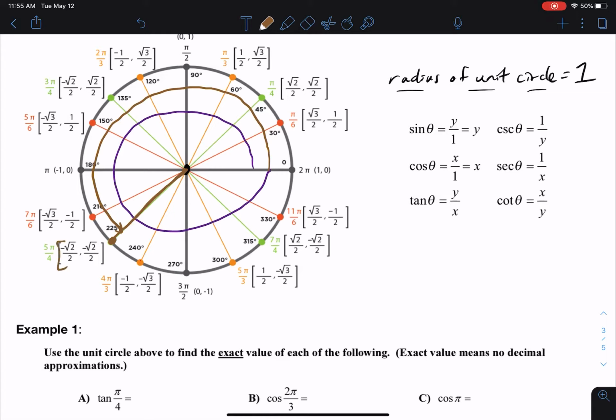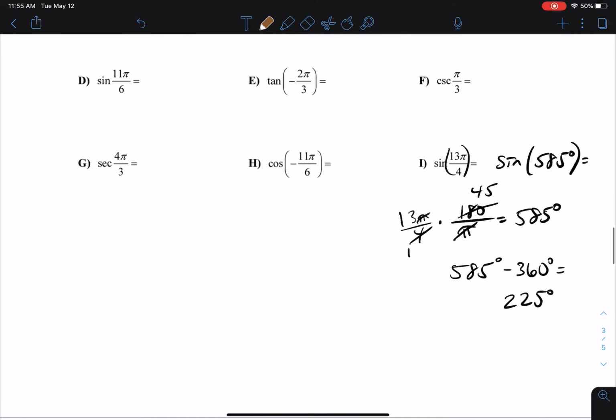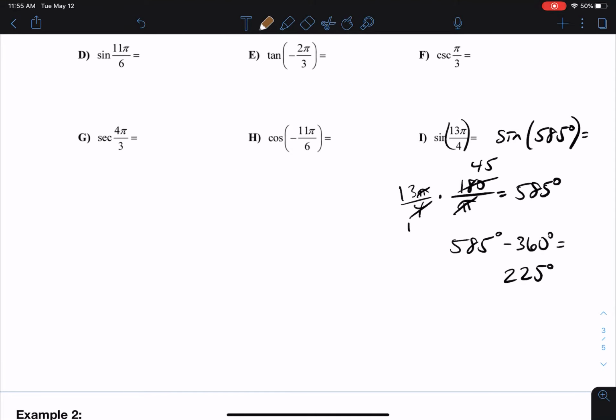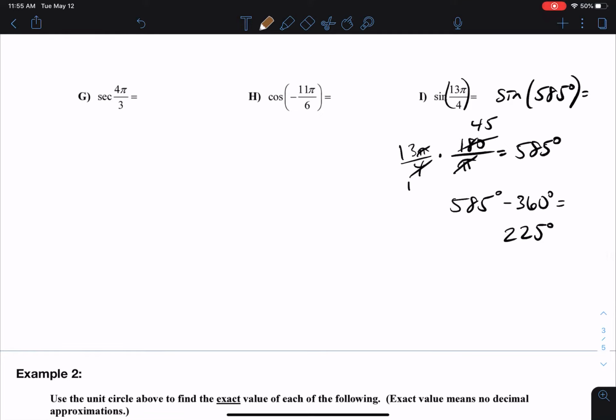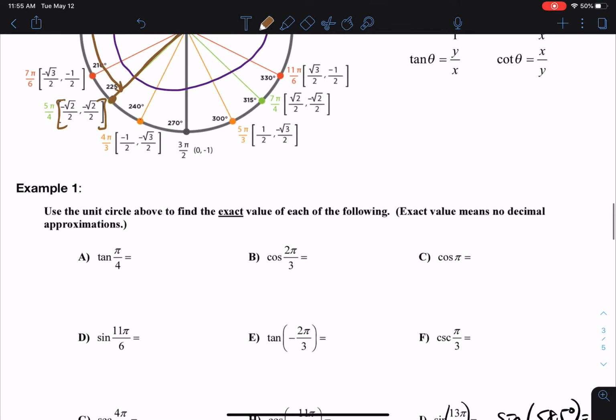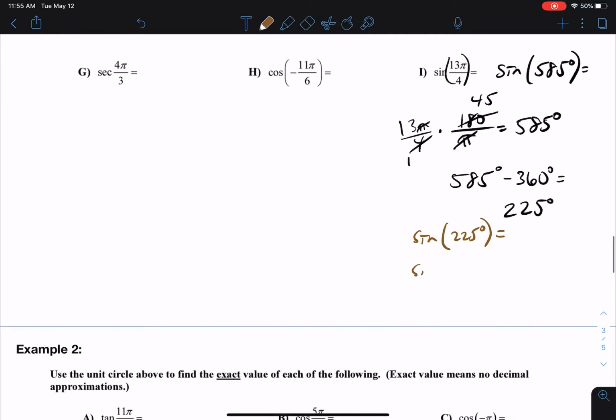These coordinates go with positive 225, which is the same thing as positive 585. So really this question is asking you for the sine of 225 or 5 pi over 4. It's the same question, just written differently, because some of these share angles.